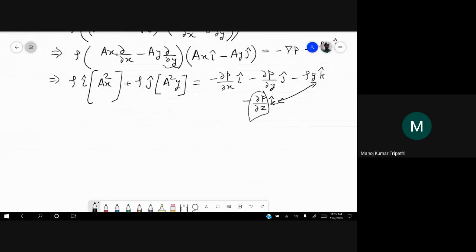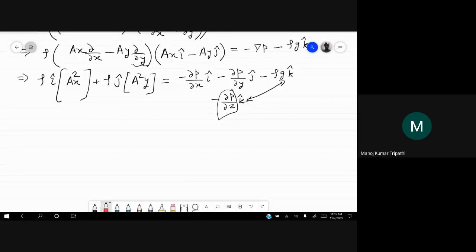So let me write this in one corner. Minus rho g. So pressure will be equal to minus rho gz plus some function of x and y. Now if we put z equal to 0 here, we'll get f of xy equal to p naught.